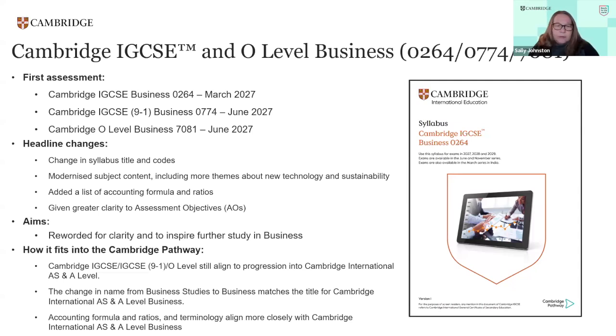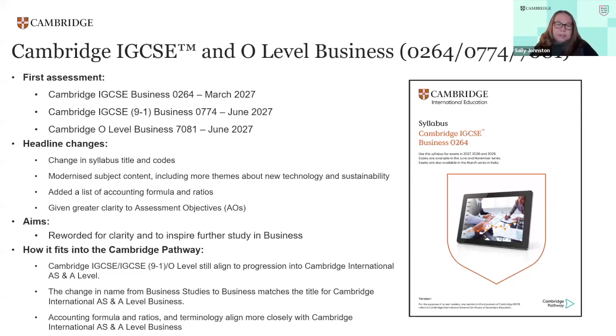And we've also given much greater clarity to the assessment objectives, which I hope you'll all find much better than they have been. The aims we've reworded for clarity, so we've put in there to inspire further study in business, and we've also aligned these to IGCSE accounting and IGCSE economics as well.